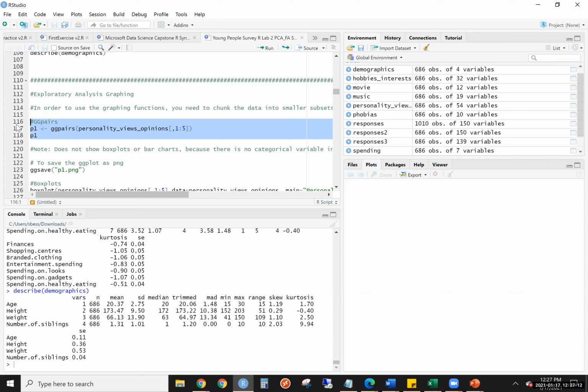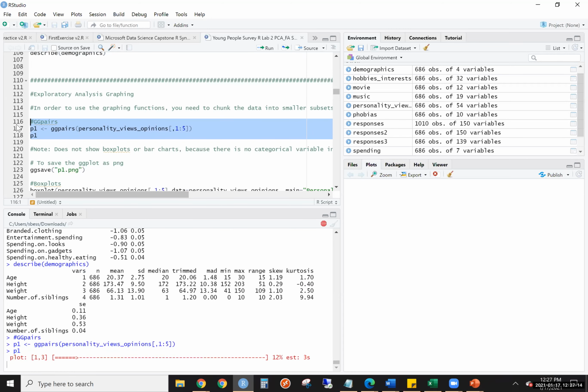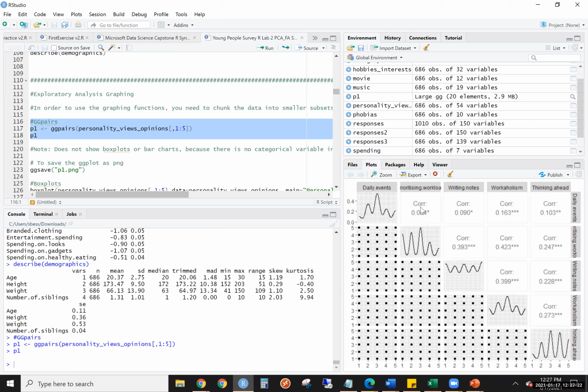We can also do ggpairs to check how correlated these data are together. And I use just a smaller theme data set so we can see how to do that. And so you can see this is behavioral data. This is like personality and views and opinions. So you can see with it being social science, these would normally be considered very weak correlations.